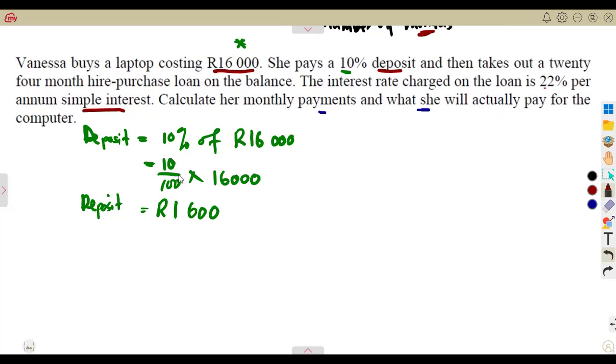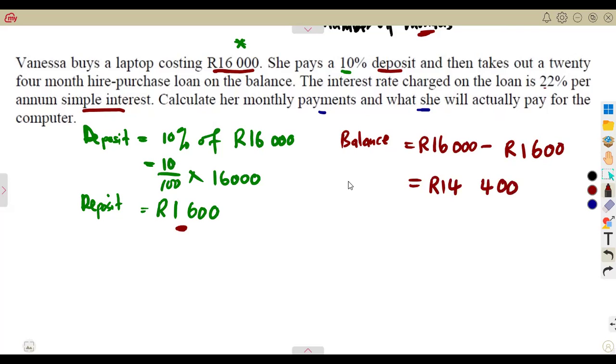But let's take a closer look. Once she deposited this amount, there is a balance remaining out of the 16,000 she was supposed to pay. We subtract the deposit, 1,600, and we obtain 14,400 as the balance.